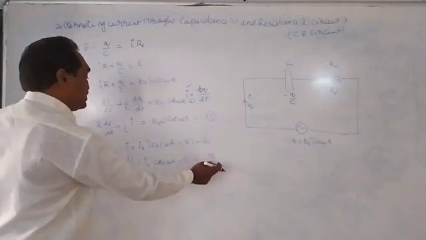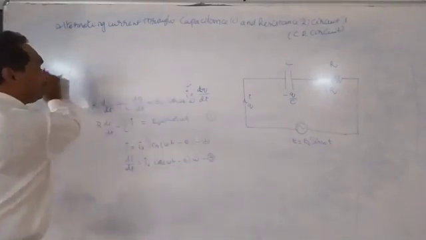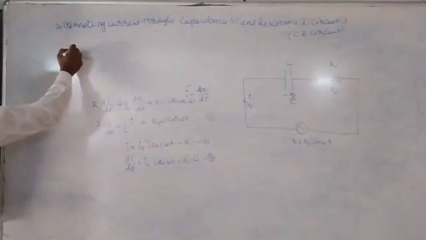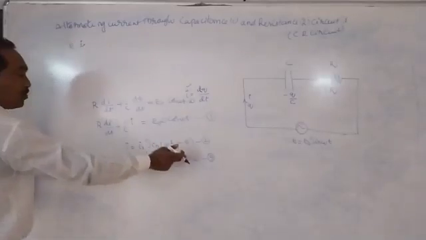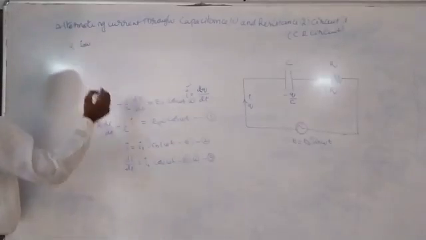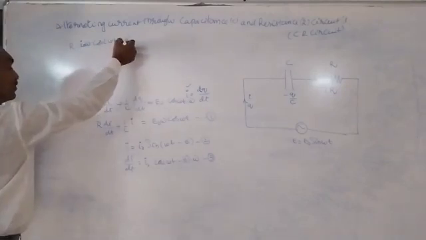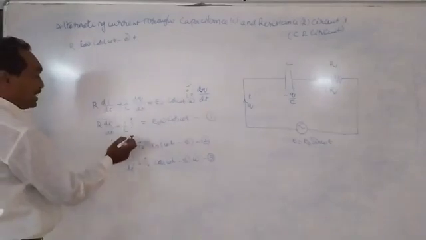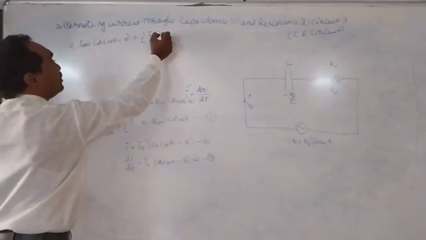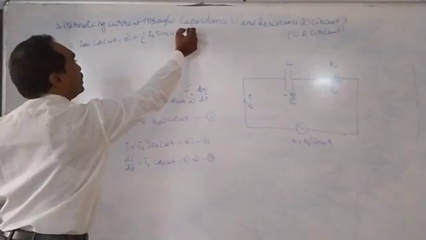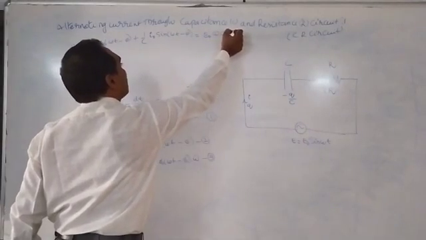Now when these two equations are substituted into equation 1, R times dI by dt is I naught omega cos of omega t minus phi, plus 1 by C into I, whose value is I naught sin of omega t minus phi, is equal to E naught omega cos omega t.